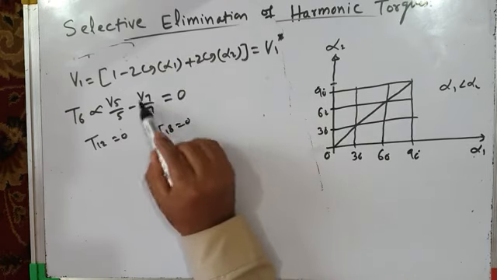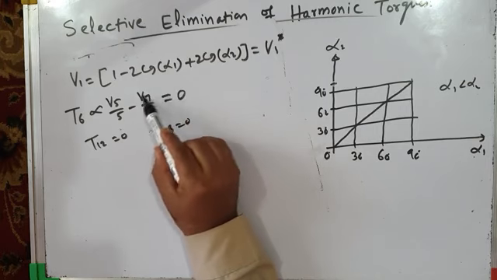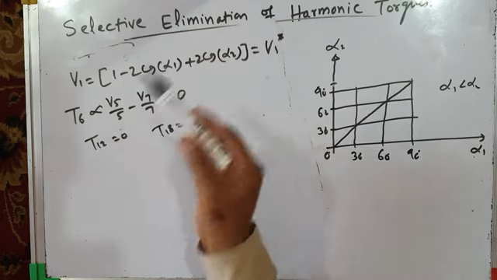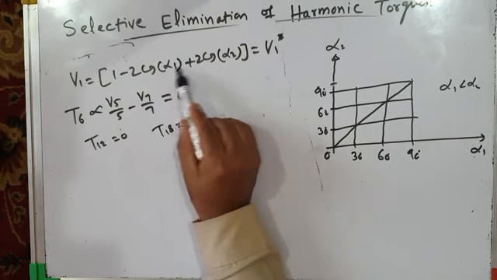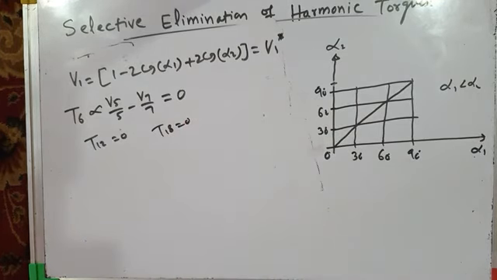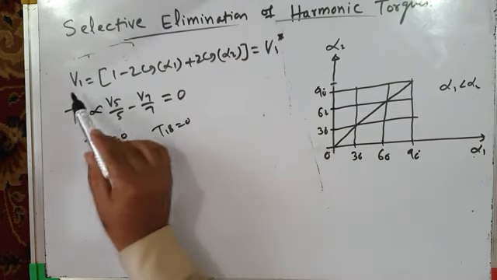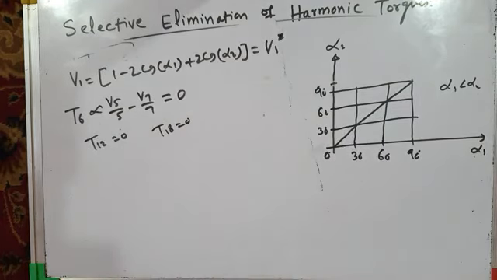You can solve them using iterative numerical techniques like the Runge-Kutta technique or any other, say, Newton-Raphson technique. Find the alpha 1 and alpha 2 switching combination, store that in a lookup table, retrieve alpha 1 and alpha 2, and fire your inverter in such a way that your objective is fulfilled. V1 is equal to V1 star and T6 is equal to 0.